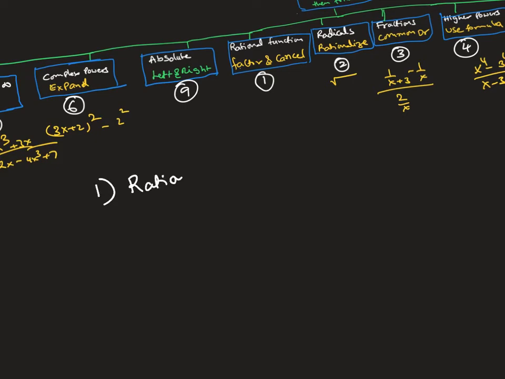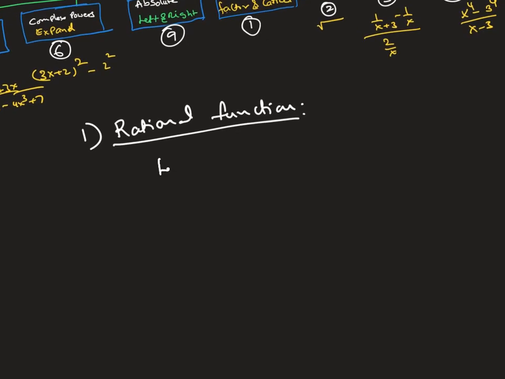So the first one is a rational function. For example, if you have limit as x approaches 3 of (x squared minus 9) divided by (x squared minus 7x plus 12).